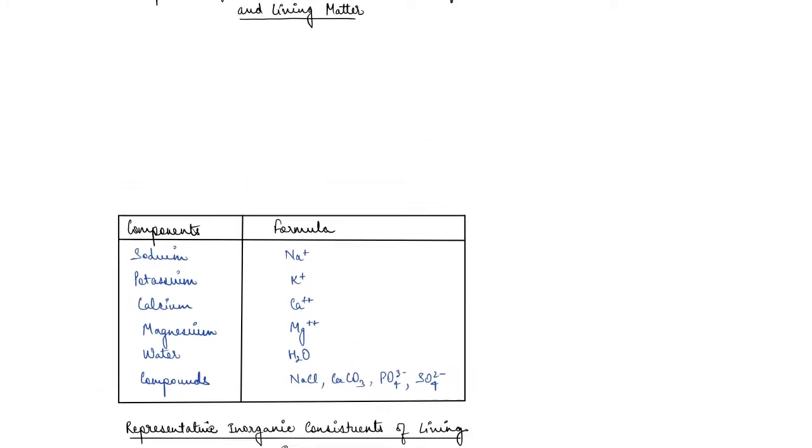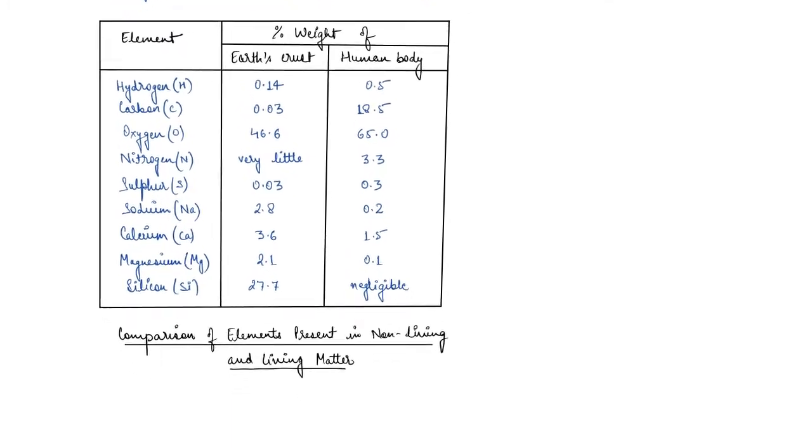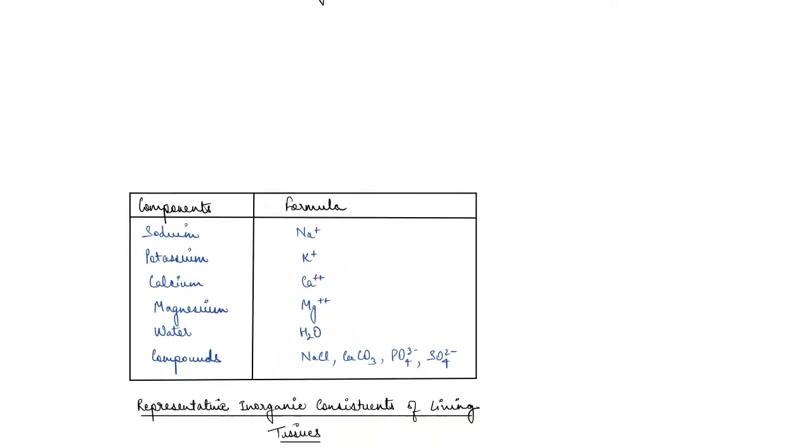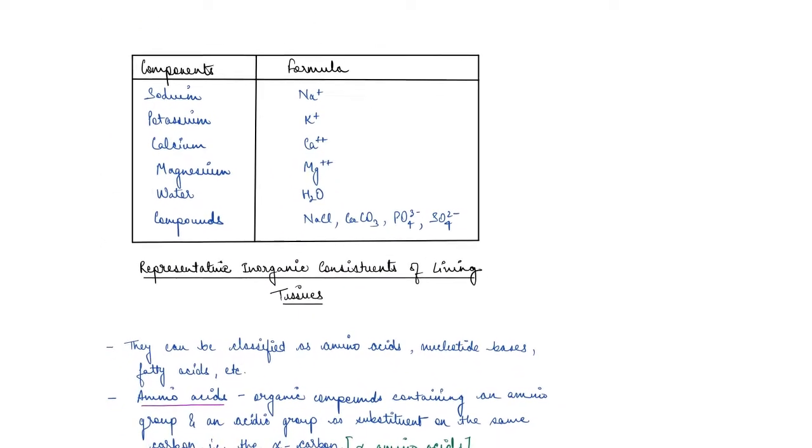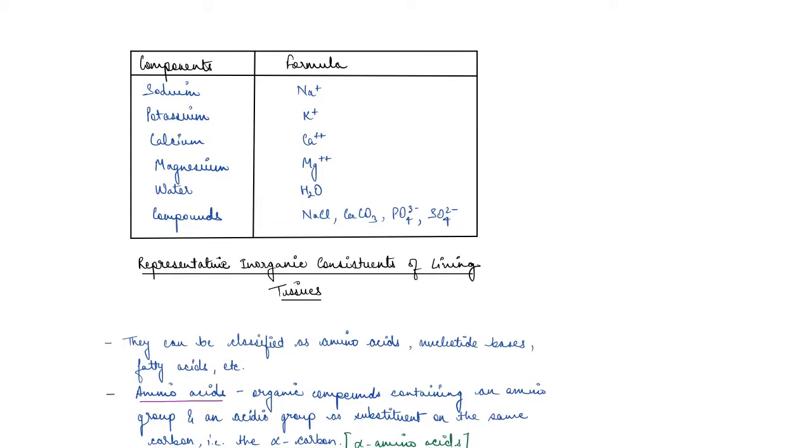The different components and their formulas are part of chemistry, but since it's mentioned in NCERT, I've mentioned it here: sodium is Na plus, potassium K plus, calcium Ca2 plus, magnesium Mg2 plus, and water H2O. There are a lot of compounds like NaCl and calcium carbonate which are involved in making up living or non-living matter.